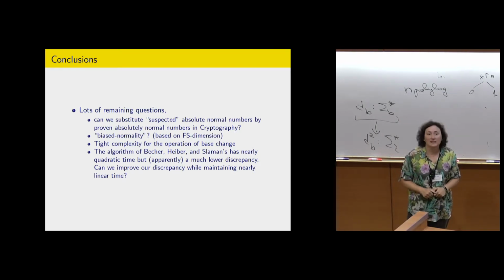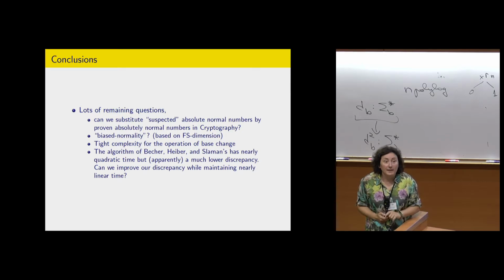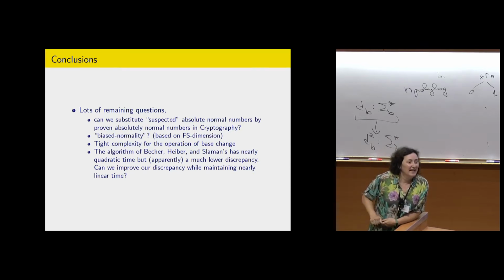Or is there a necessary trade-off between how fast you're normal and how complicated it is to compute you? So, computation time versus discrepancy. We have improved computation time quite a bit from them, but our discrepancy is very bad. In all these steps I didn't detail today, I kept saying I need to slow down things, I need to take only logarithmically many terms in order to get my time down.